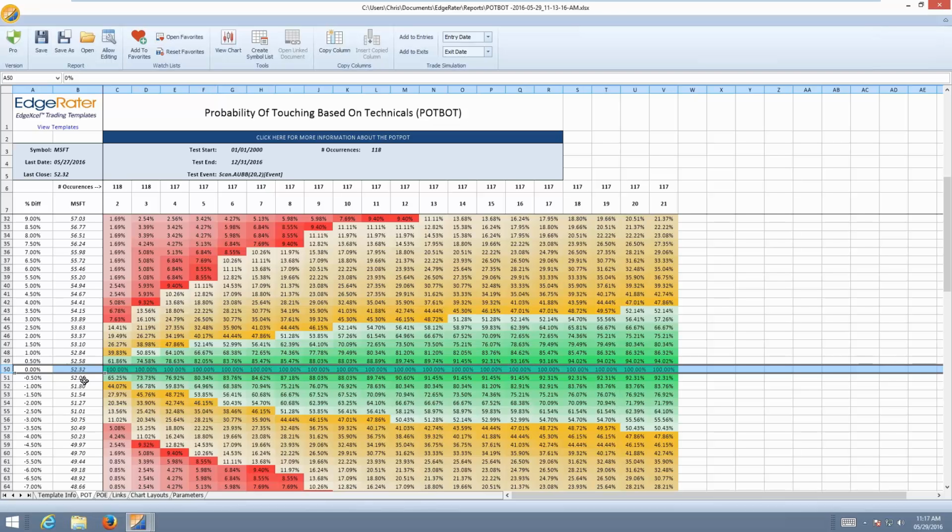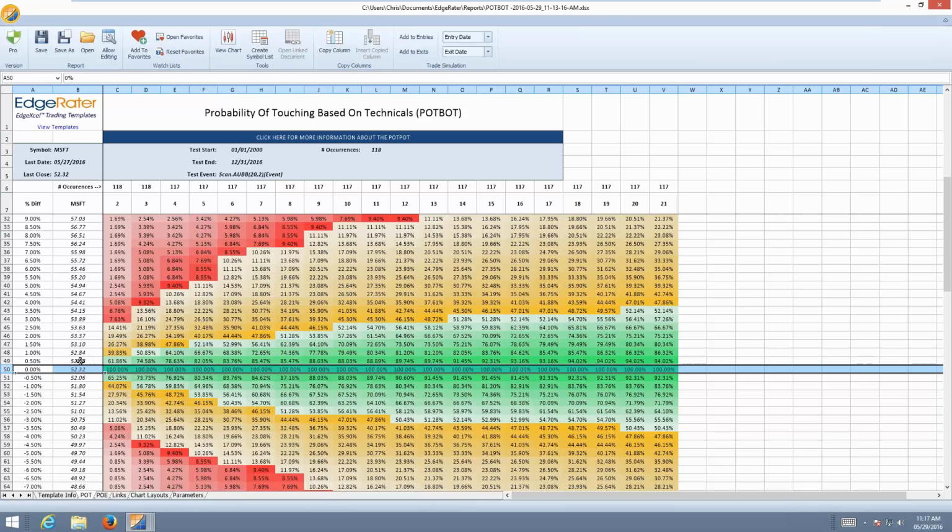Then if you're looking for, say, the 54 level, which is up here, 54.15 is about the closest we get. These are separated by 0.5% moves from the current position, and the Microsoft price is projected on that percentage.